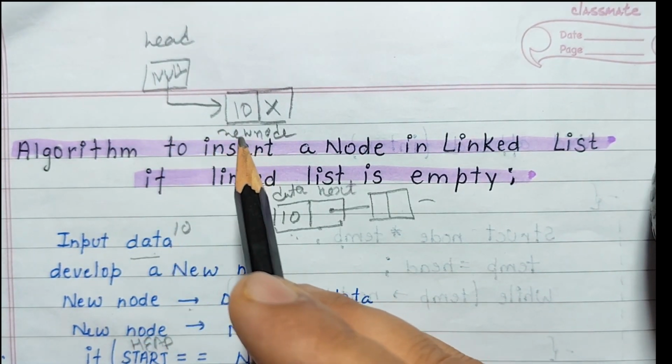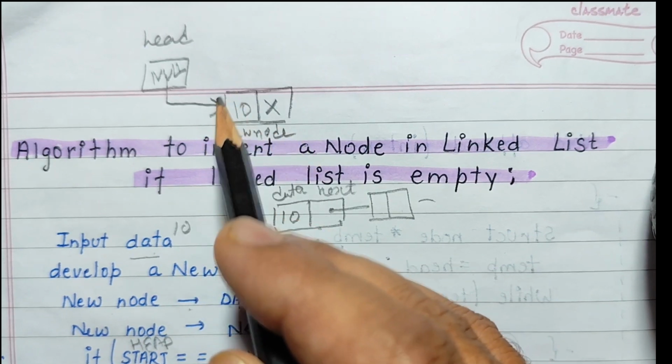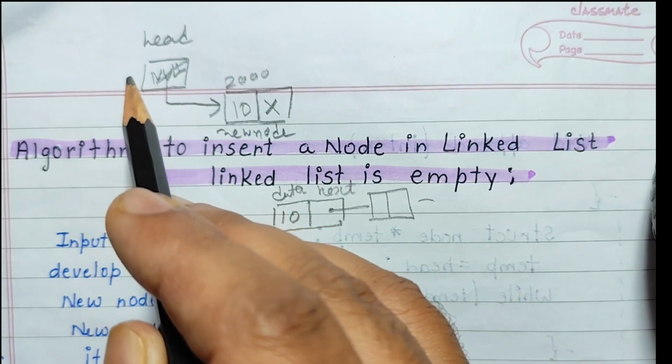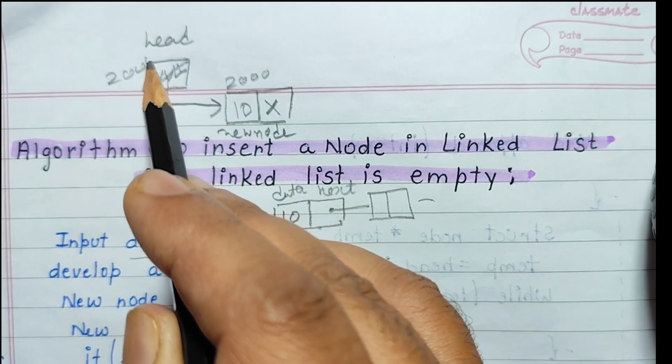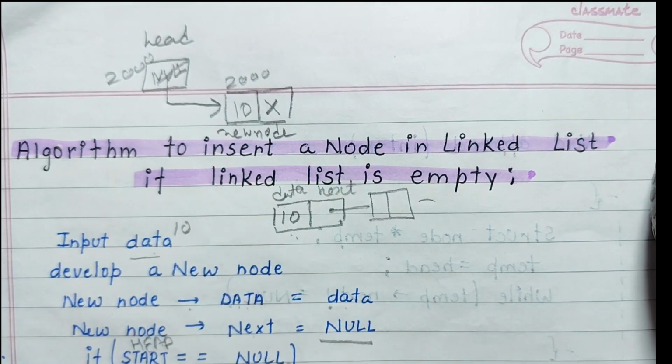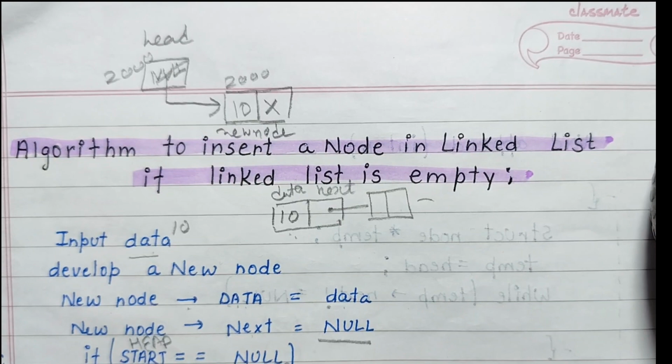This location. Suppose here the new node has the address 2000. That 2000 address is stored in the head pointer. It means now head points to which location? The 2000 location. So this is how to insert a node at the beginning if the linked list is empty.